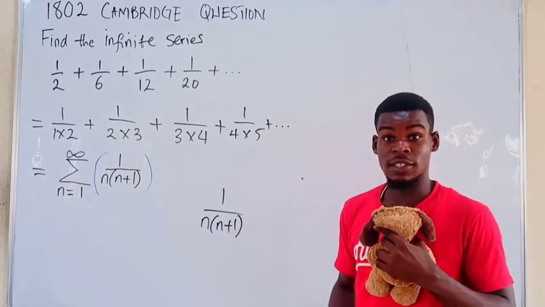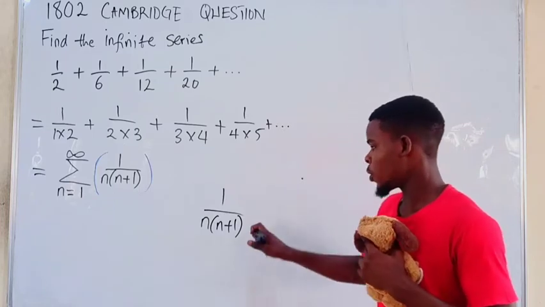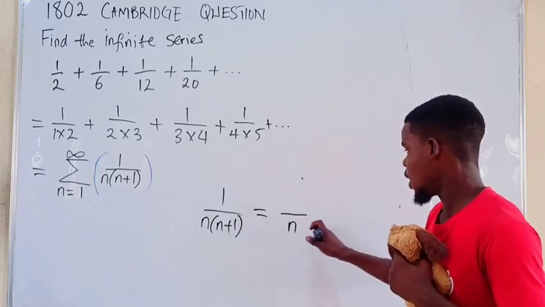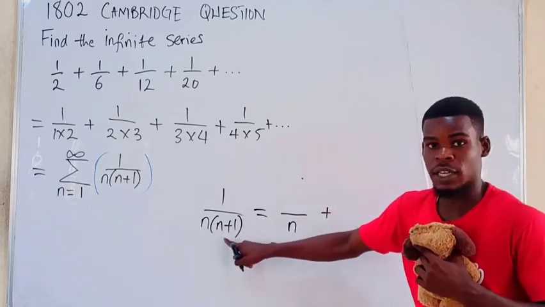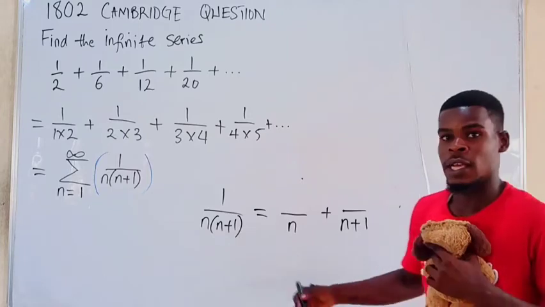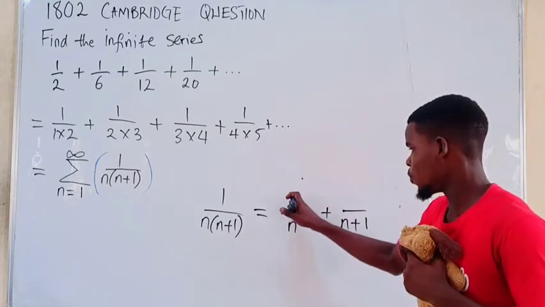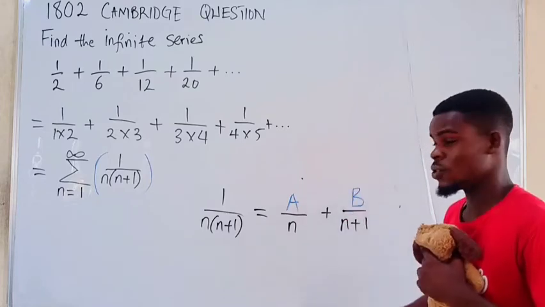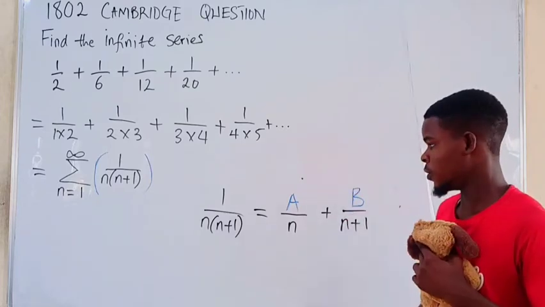Since the factors are just linear factors, we put down just the n, and then we add it with the other factor as a denominator, just n plus 1. Since they are all linear, we bring a constant at the top. Maybe I just use the alphabetical order, A and B.